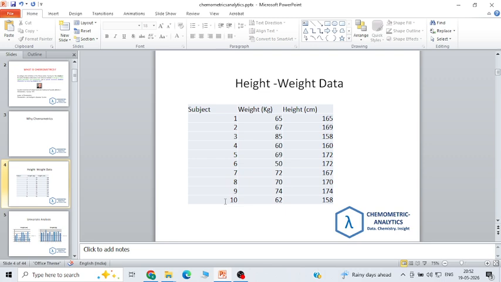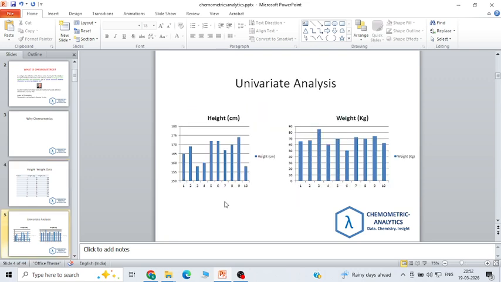This looks like any data set, and if we just gaze through these numbers, they don't seem to provide any meaning, right? So what we do is take one of these variables and make a plot. We do the same here, making a plot for height, and a similar plot for the weight.